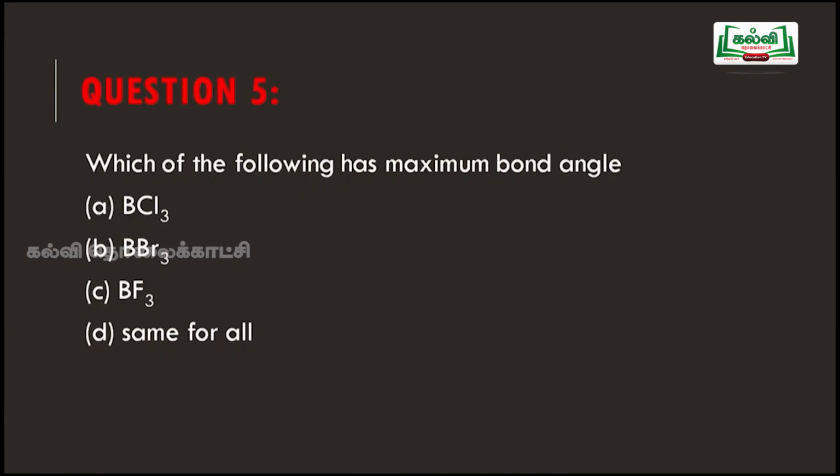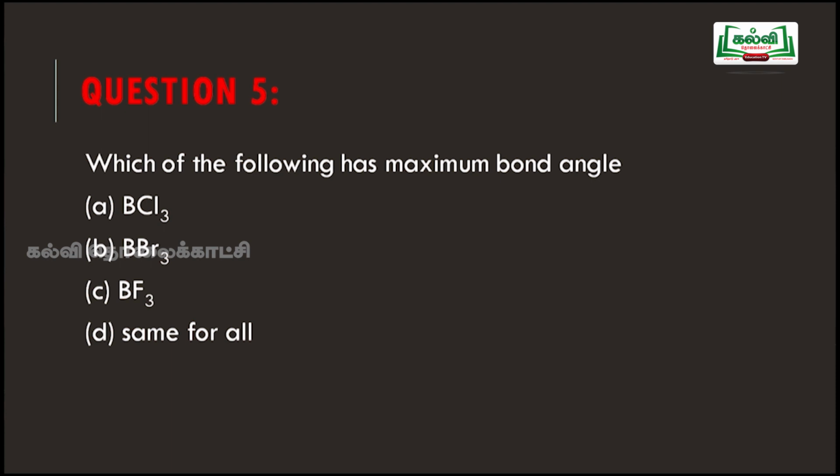One more question. Which of the following has the maximum bond angle? Students, you see the 4 options. Boron trichloride, boron tribromide, boron trifluoride, and in all of them the central atoms are the same. Then how can you find out?